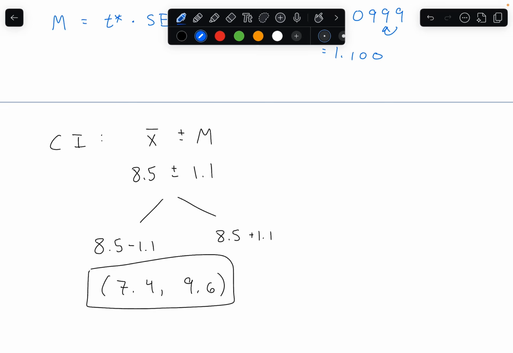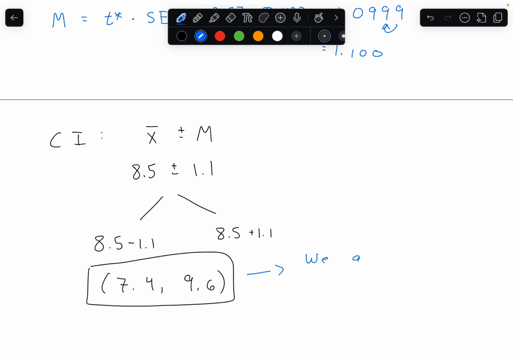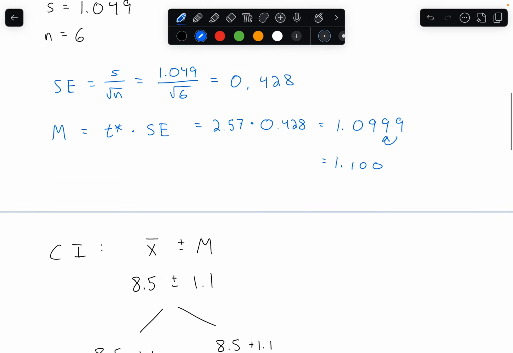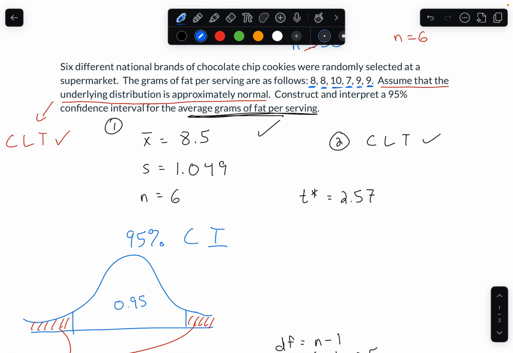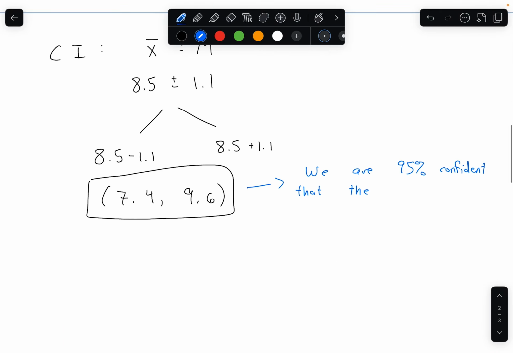And then, of course, the other thing that I want to do with this is write a short little summary of what this says. So this piece right here says, we are 95% confident that, and let's make sure that I have this correct, the average grams of fat per serving, and I want to mention my population here.